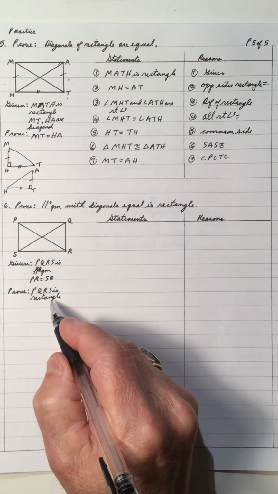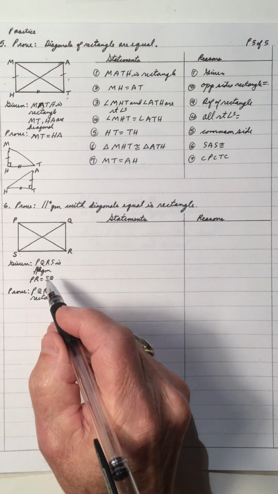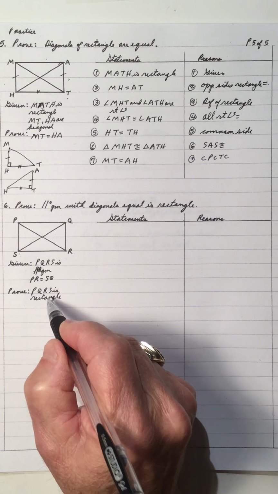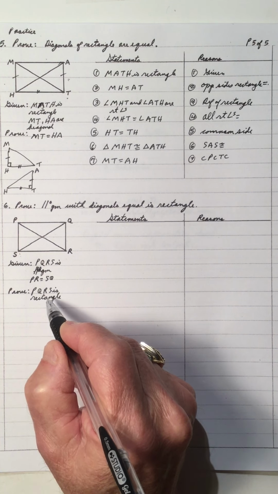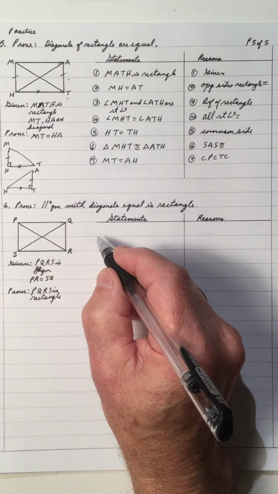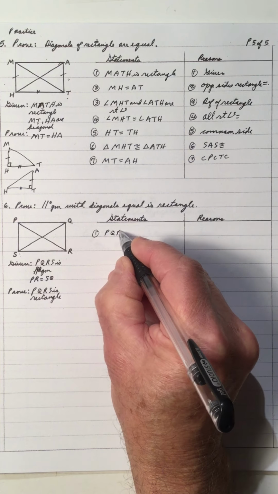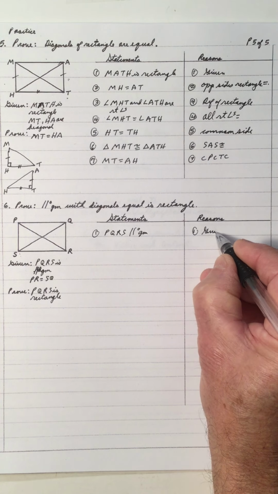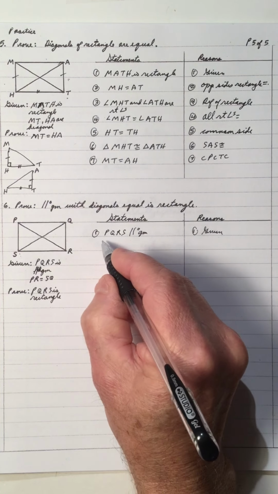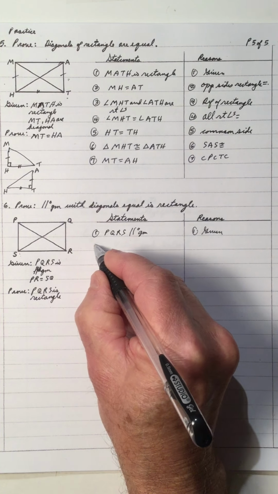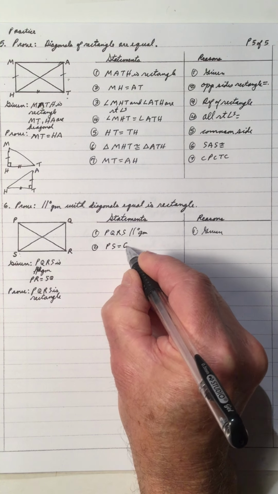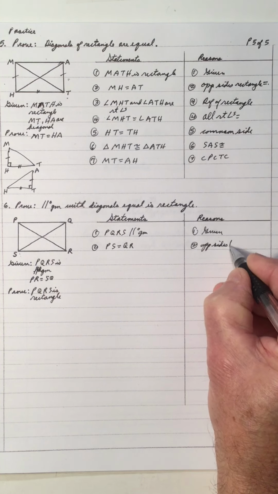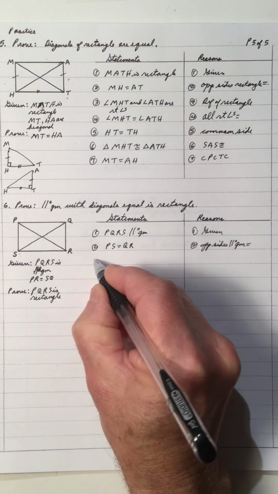So how are we going to get, we got a parallelogram, we did before, if a parallelogram has a right angle, then we have, let's see, okay, here we go, PQRS is a parallelogram, given, and we have, let's see, we have PS equals QR, opposite sides of a parallelogram are equal.